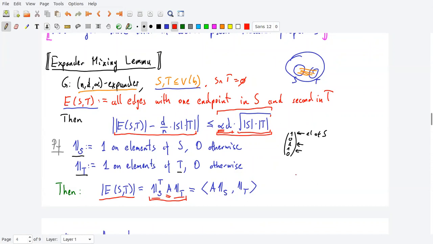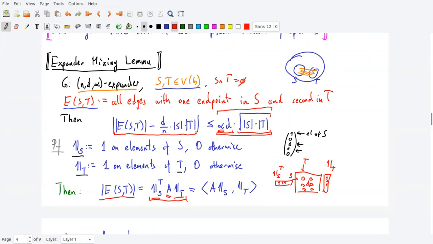Because if I have this square matrix A here, and I multiply by this one T here and one S transpose here, then those ones here and those ones here exactly make survive those entries of this matrix that correspond to rows and columns belonging to T and S respectively.